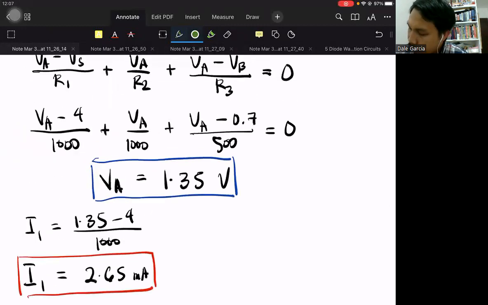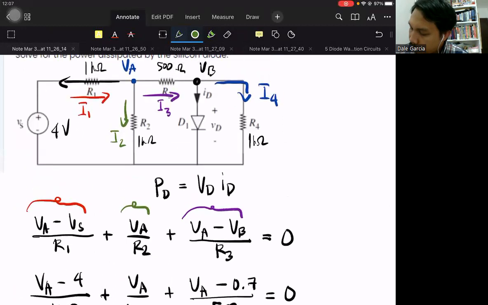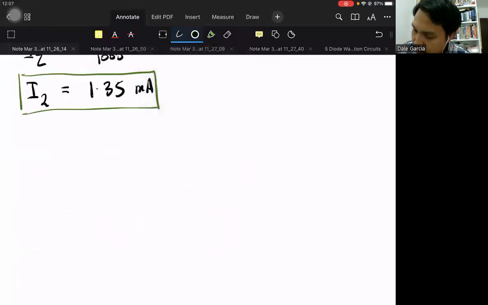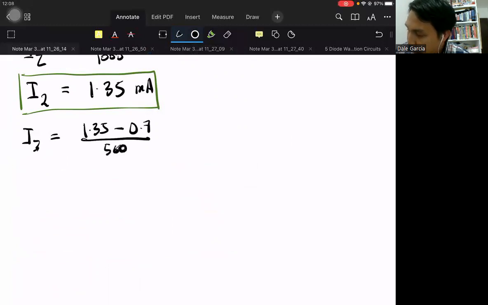For I3, VA minus VB over R3: 1.35 minus 0.7 over 500. Notice it's not negative, since we correctly assumed the direction. So I3 is equal to 1.3 milliamperes.